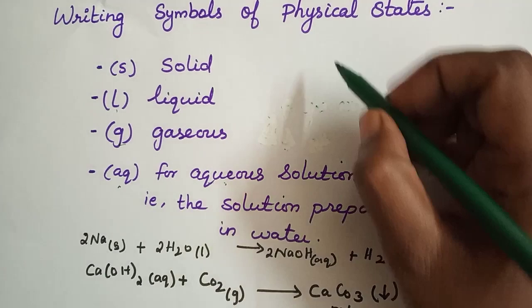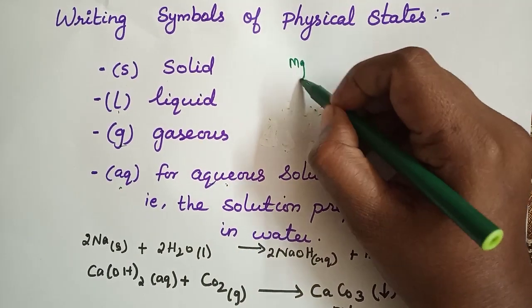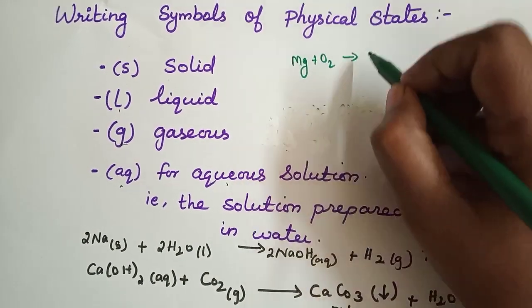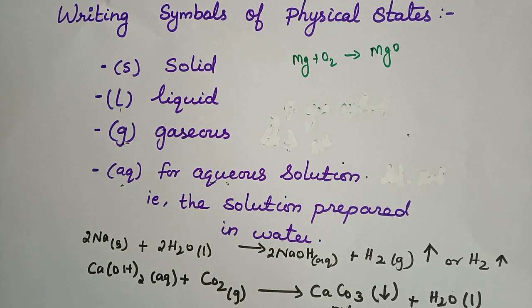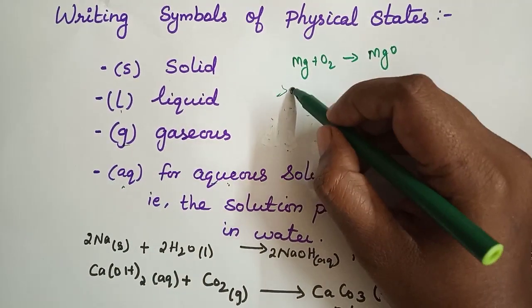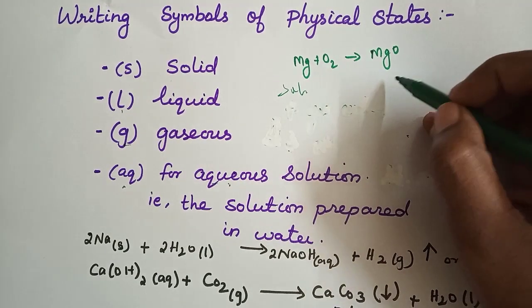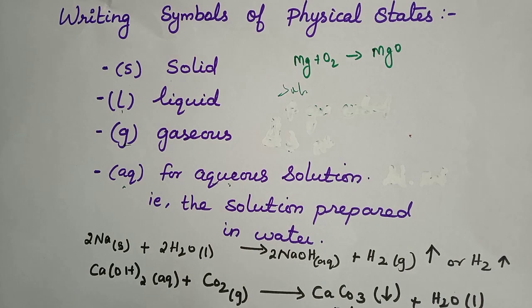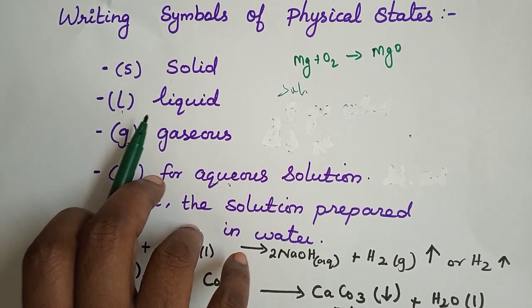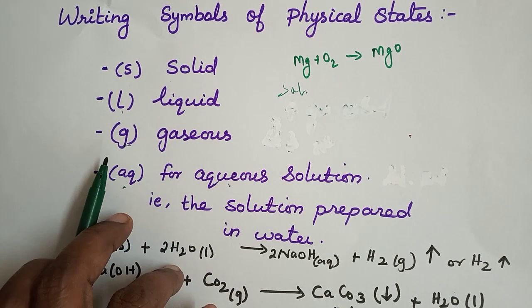See, Mg plus O2 gives MgO. In that we cannot write solid, liquid, gas. It would be very lengthy. So we only have some specific symbols known as state symbols. The first letter of solid, first letter of liquid, first letter of gaseous.